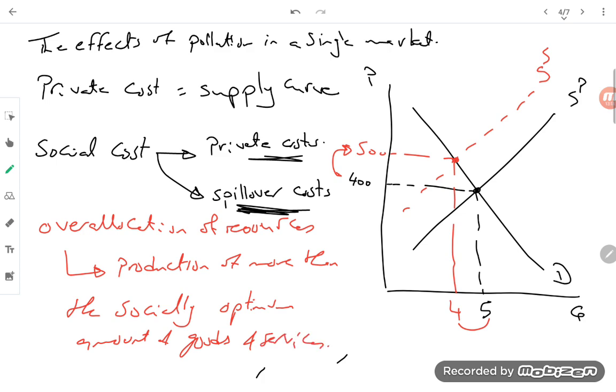So in case of negative externality, we are going to produce 5 units, but actually the socially optimal quantity is 4. So there is over allocation of resources.